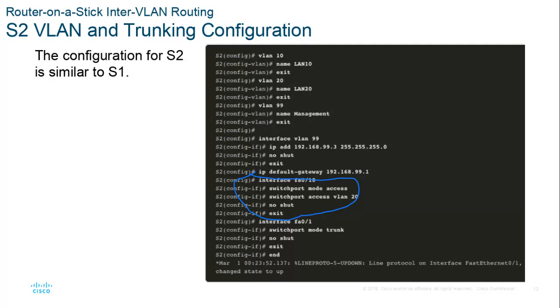Then we had a wire coming between the two switches. Port number 1 of each switch is connected to each other. We configured that using my preferred configuration, switchport mode trunk, unconditionally make it a trunk. And then we created a management interface on this switch, the VLAN 99.